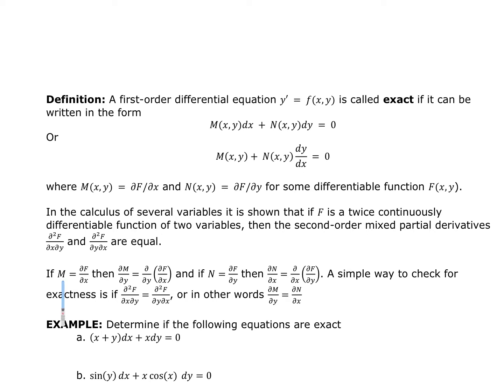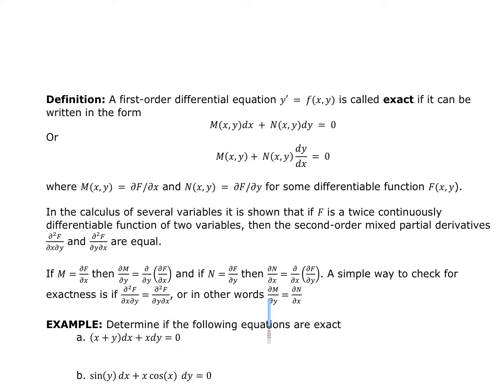So then M must be equal to the partial derivative of f with respect to x, which means if I take the derivative of M with respect to y, we have the partial derivative of this partial derivative with respect to x first, then y. And we do the same thing with N, then this has to work out.